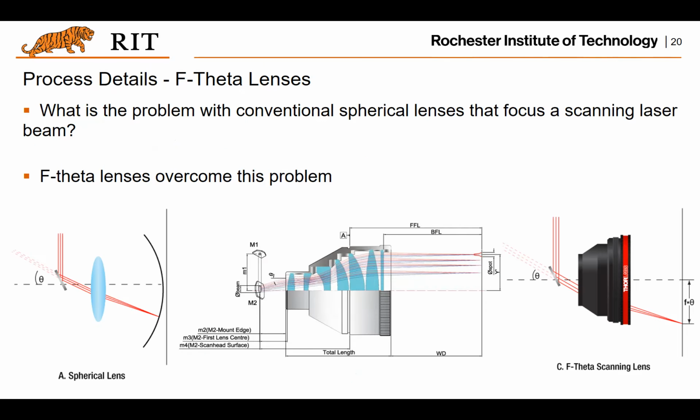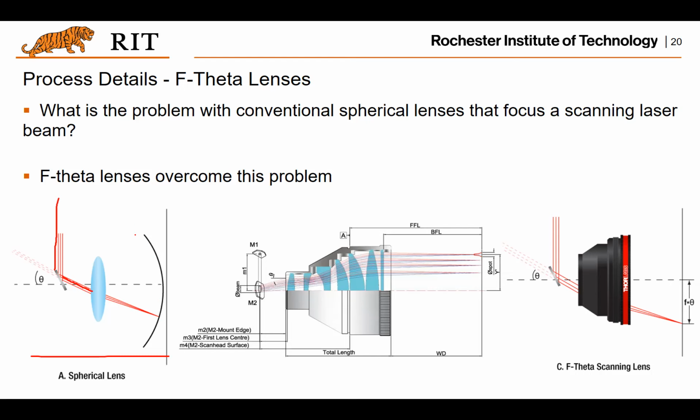Another interesting component is this F-theta lens. Why do we need this? If we look at the original spherical lenses, basically something like this. If you have some laser beam or light go through this spherical lens, it will be focused at a certain point, right?